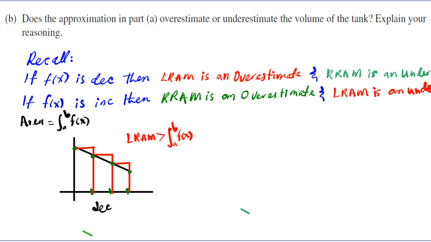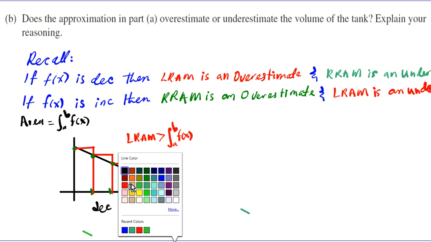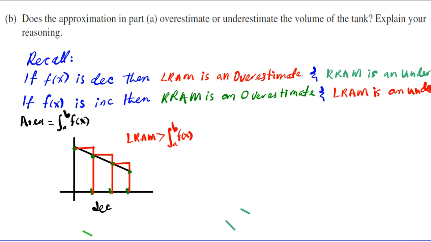Those 3 points define the right rectangular approximation. So let's go ahead and draw in the rectangles. For RRAM, this would be your first rectangle, and then this is your second rectangle right here. And this is your final rectangle right here.